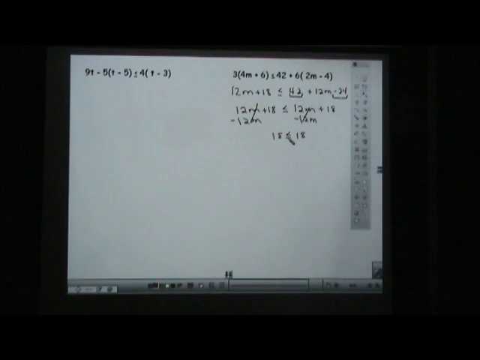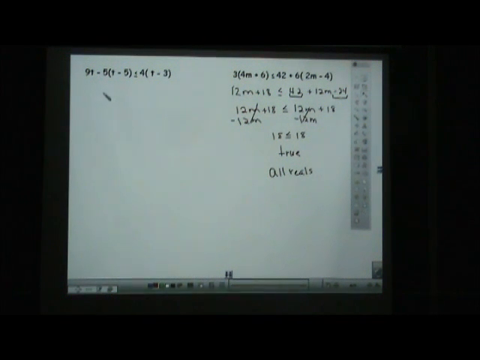Well, 18 is not less than 18, but because of this equal sign, it is equal. So this is true. And we can't really do any more work because there's no variable. We can't really solve it any further. But it gives us a true expression, so that tells me that any number I choose will work. So we say our solution is all reals.